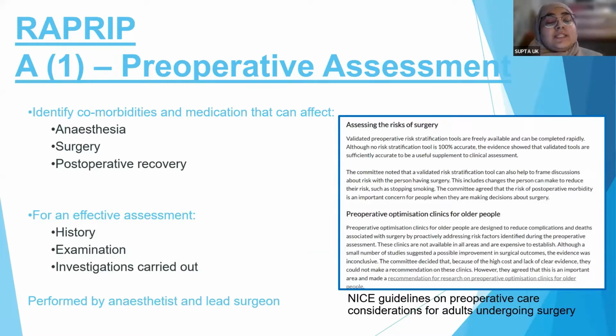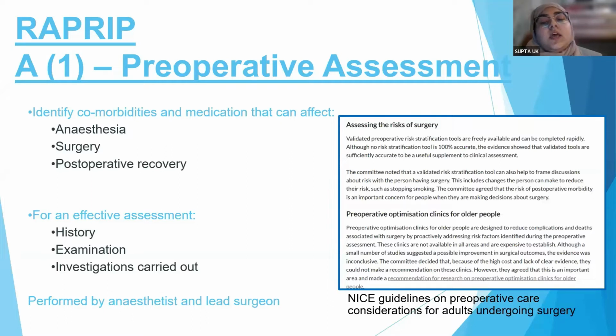Patients scheduled for elective procedures will generally attend a preoperative assessment 2 to 4 weeks before the date of their surgery. So it's done nice and early, so if any changes need to be made, they can be. What I'm going to walk you through is an effective history, examination and the investigations that are required. These are normally performed by an anaesthetist or the lead surgeon.